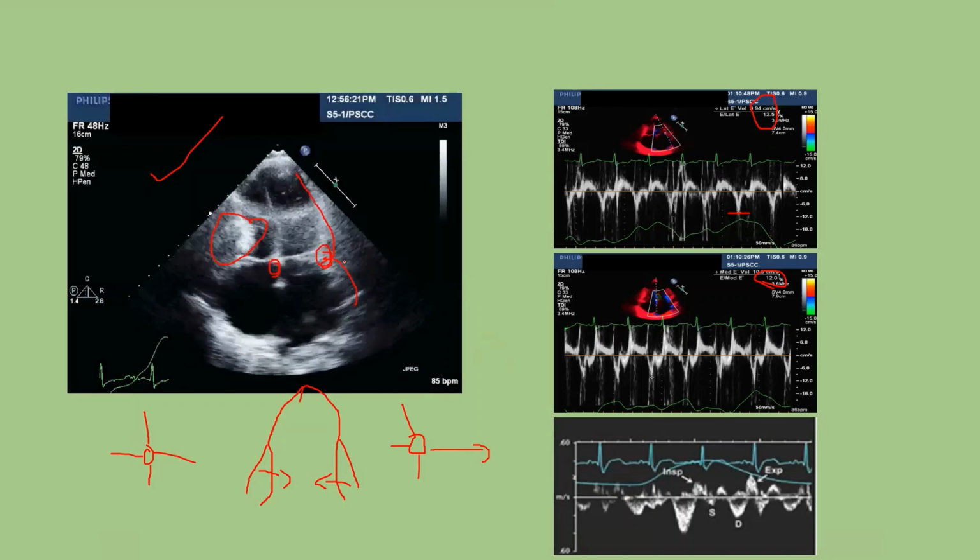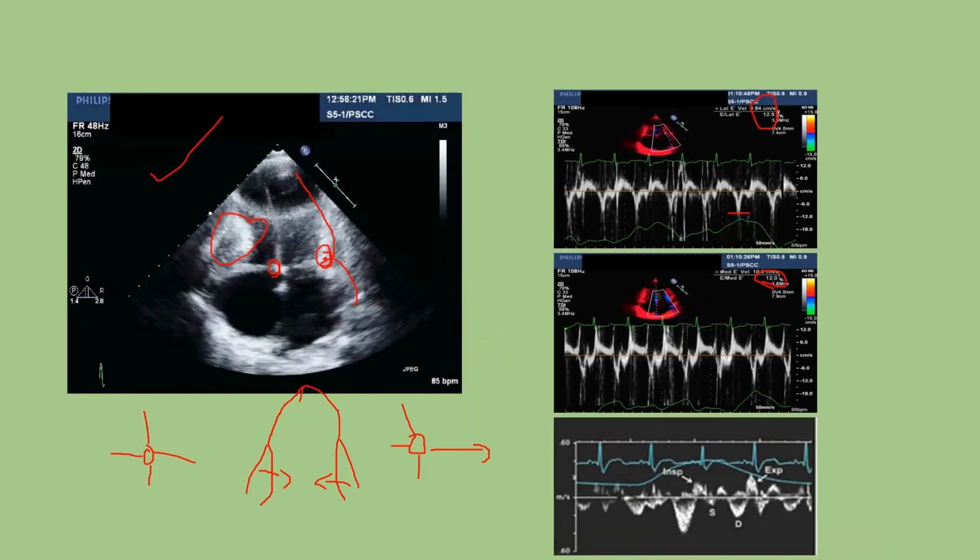Now in constriction, doctor, what happens? Restriction of the lateral movement, including the medial movement. Yes. Because it restricts movement by the calcified and constrictive pericardium. Exactly.